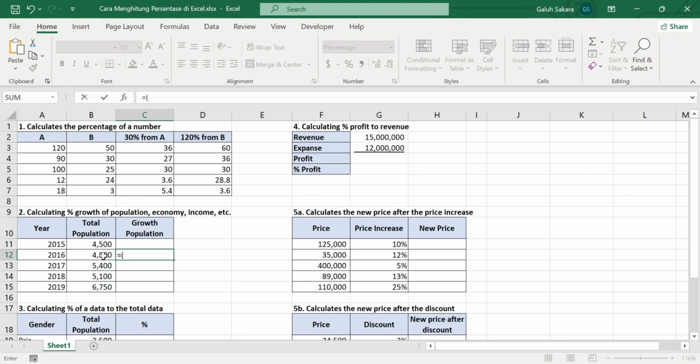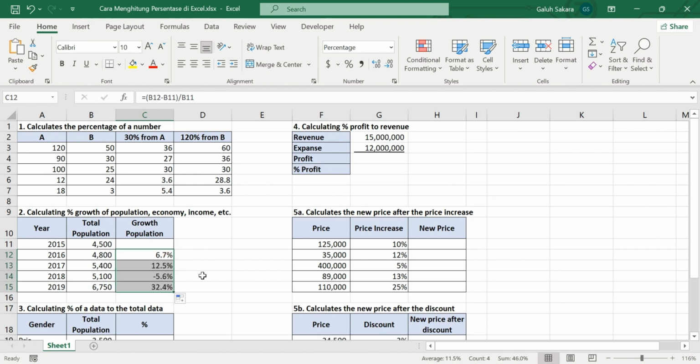Okay, equal sign here to calculate it, and then open the brackets. You need to select the B12 cell as the data from 2016, and then minus the previous year, 2015 data, and then close the bracket, and then the result of this calculation is divided by the total population of the previous year, from 2015.